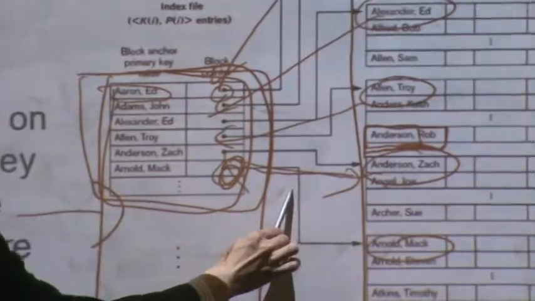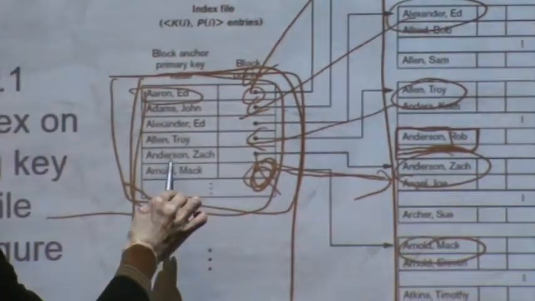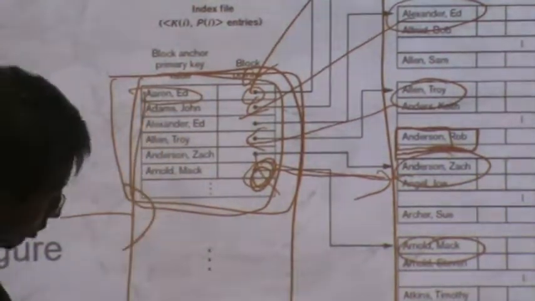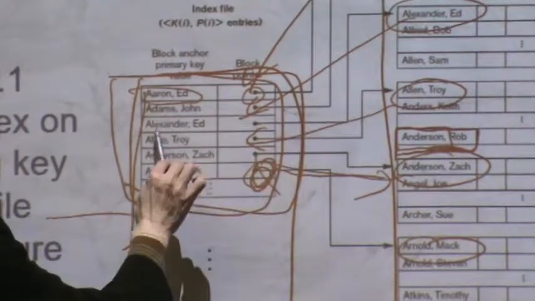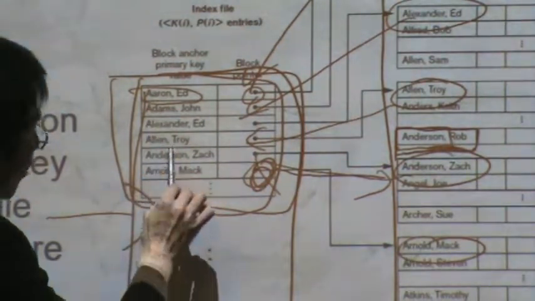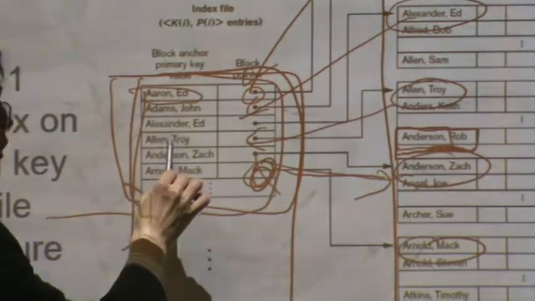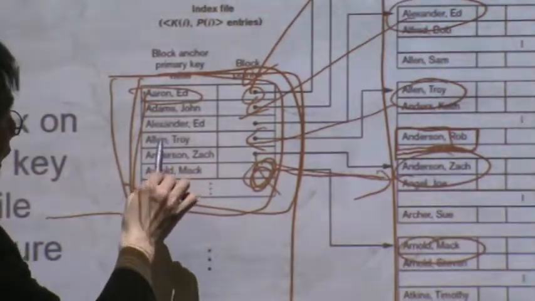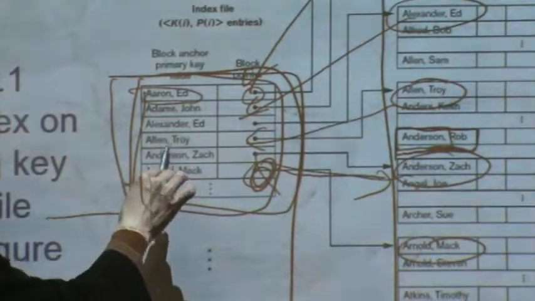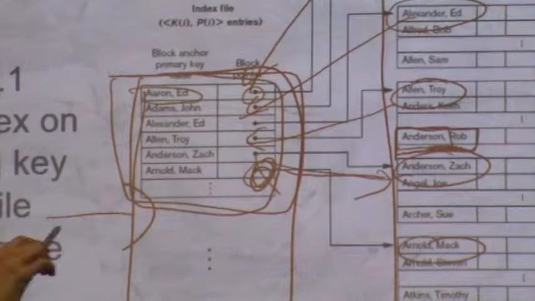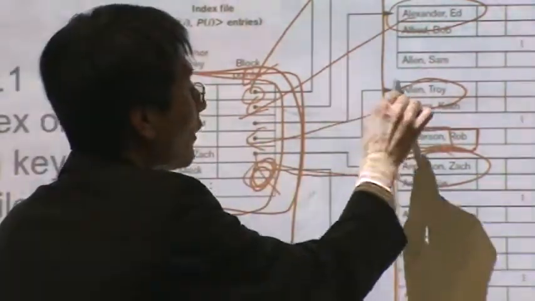For example, here I cut in half, and Anders is in the first half, so we throw away the second half and cut in half again. Anders is in the second half, and finally we find that Anders' block is between Alan and Anderson, which means it belongs to the block starting with Alan. So we know the address of the block, go to this one, and that's it.